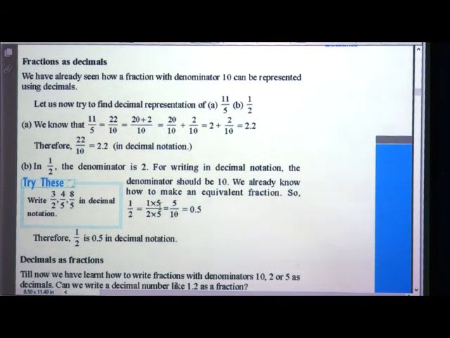So, 1 5s are 5 and 2 5s are 10. Now, we got 10 in the denominator's place. So, it is 5 by 10. In decimal we can write it as 0.5. Therefore, half, that is 1 by 2, is 0.5 in decimal notation.